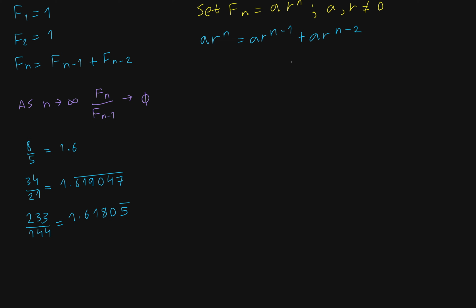And then what we can do is divide both sides by a, since again we're assuming it's non-zero, and anyways by the initial conditions it's 1 anyway, so we can divide by a. And so then we're going to get r to the n is equal to r to the n minus 1 plus r to the n minus 2.